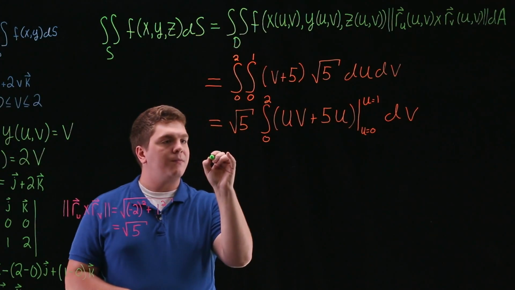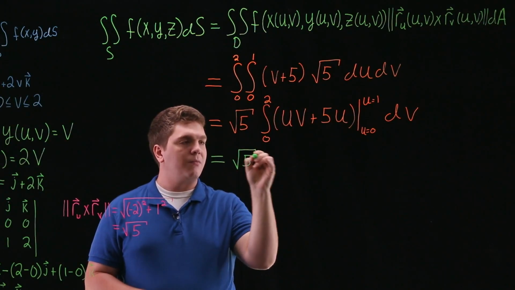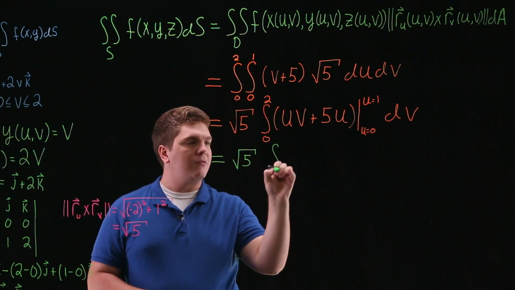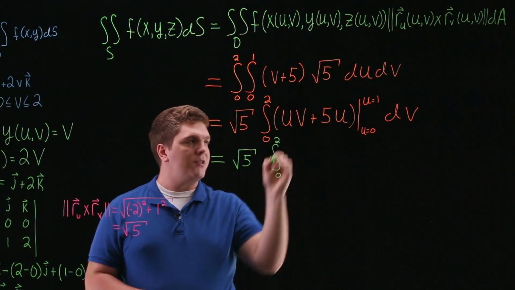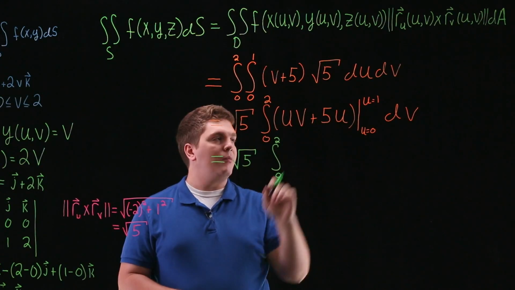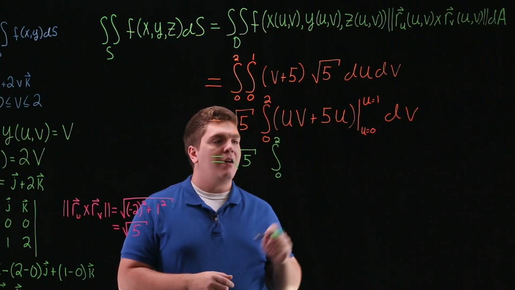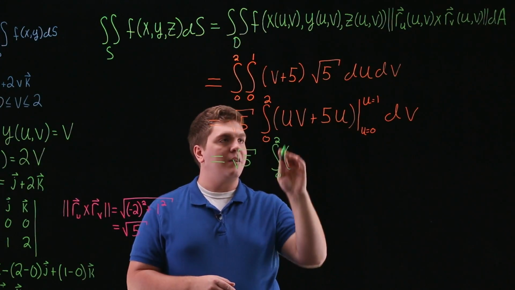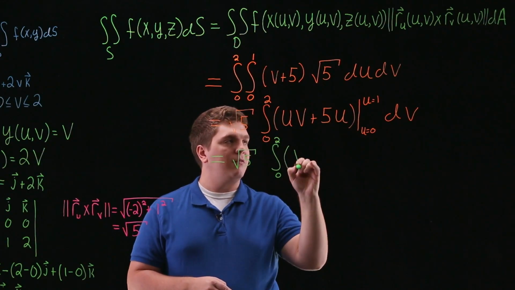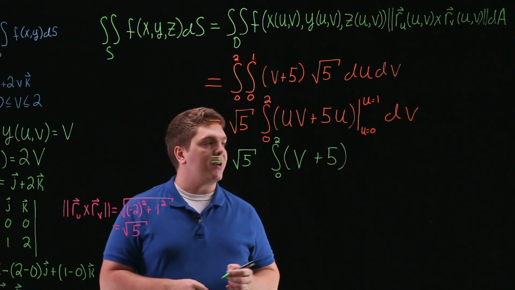So we'll have the square root of 5 times the integral from 0 to 2. Substituting u equals 1 in, we'll have v plus 5. And when we substitute u equals 0 in, we'll just have 0. So our integrand is just going to be v plus 5, and we're integrating with respect to v.